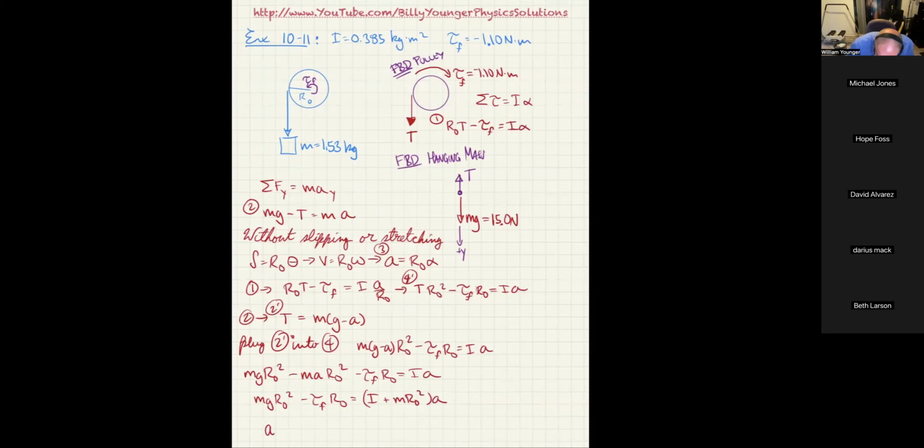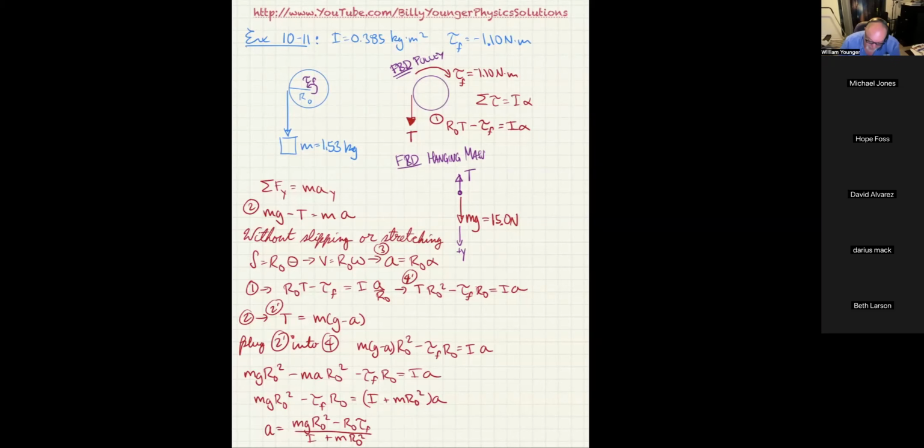And finally, I get A is equal to mg r0 squared minus r0 times the torque due to friction, over I plus m r0 squared.